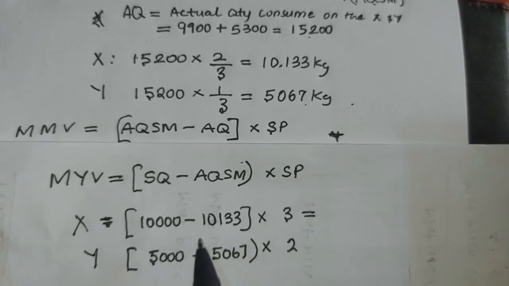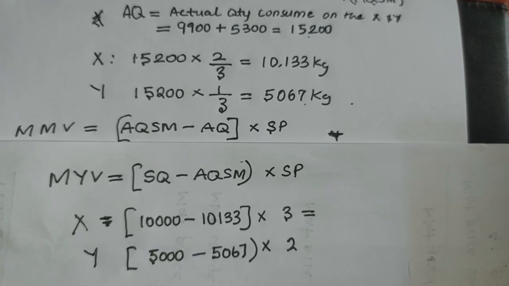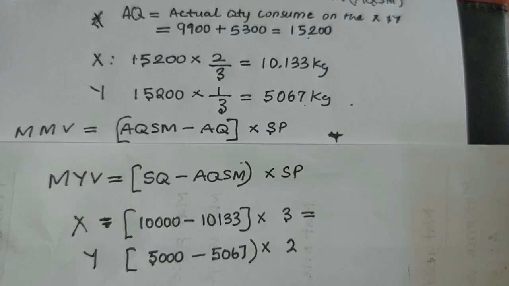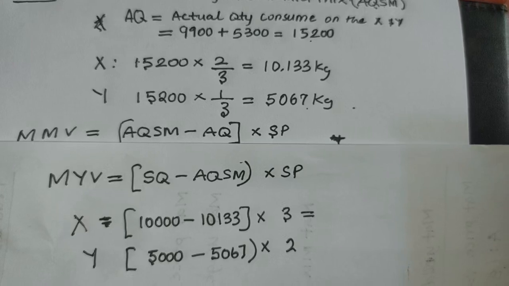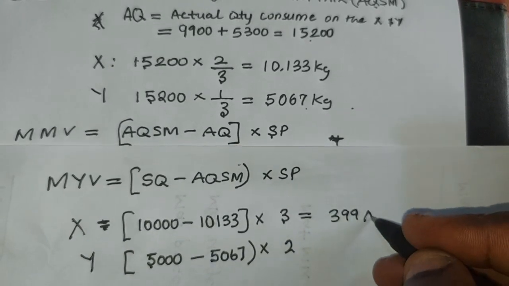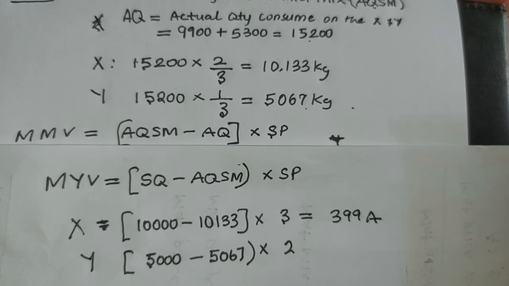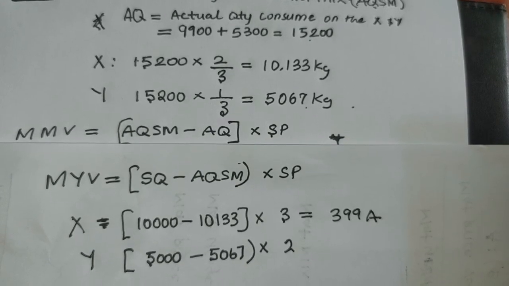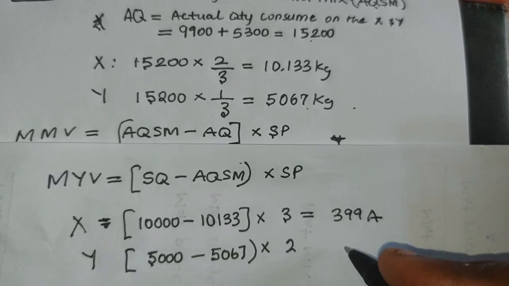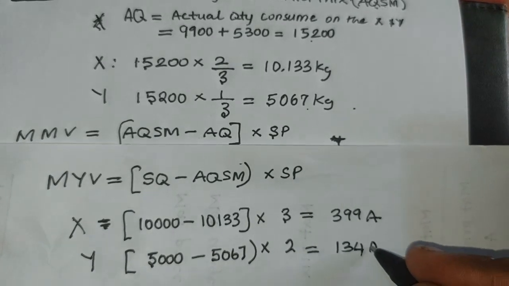So we have, this will give us a negative figure at the end of the day, which is 133 times 3. So this is 399 adverse. This will also give us a negative figure, times 2, that is 134 also adverse.